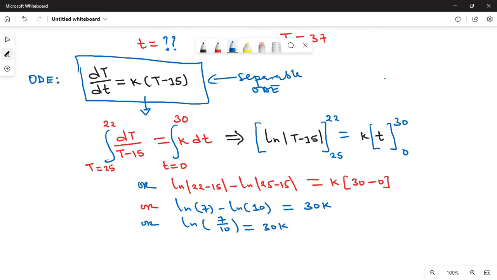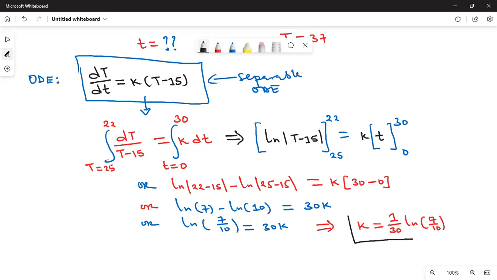You see, 7 over 10 is 0.7. So make k the subject. This means that k is equal to 1 over 30 ln of 7 over 10. So that's the value of k.